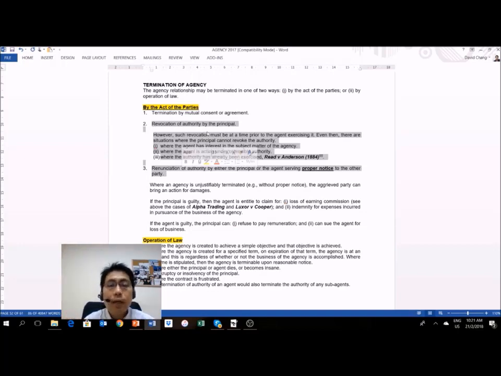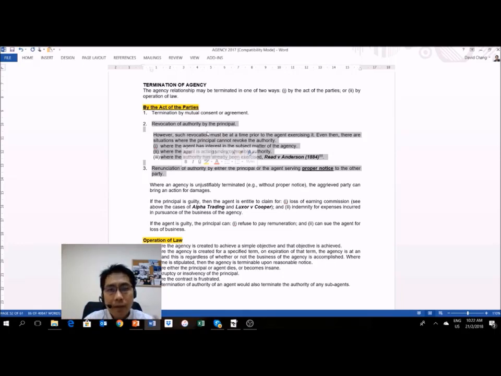For example, we could be dealing with an agency where it's a 5-year contract, and after 3 years you want to terminate. The answer is yes. Agency law will allow you to terminate because agency is based on authority, and the moment the principal revokes the authority, that's it, there's no more agency. However, this will give rise to a contractual action that the agent may have against the principal, where the agent may sue the principal for breach of contract.